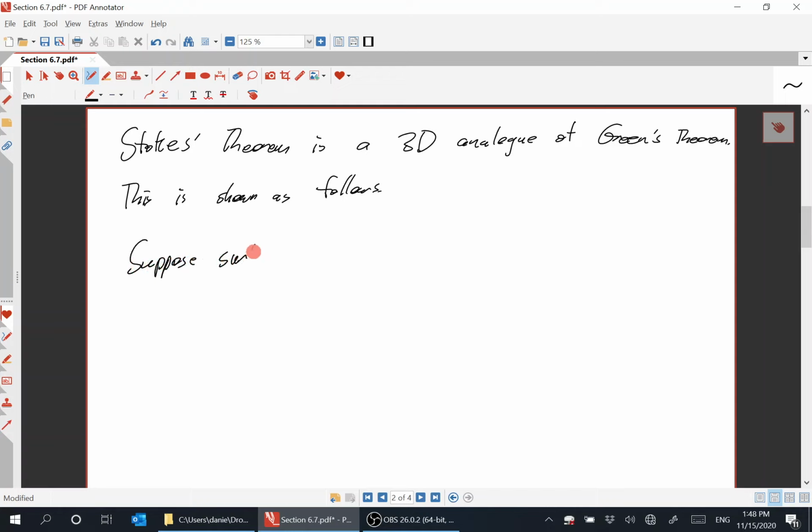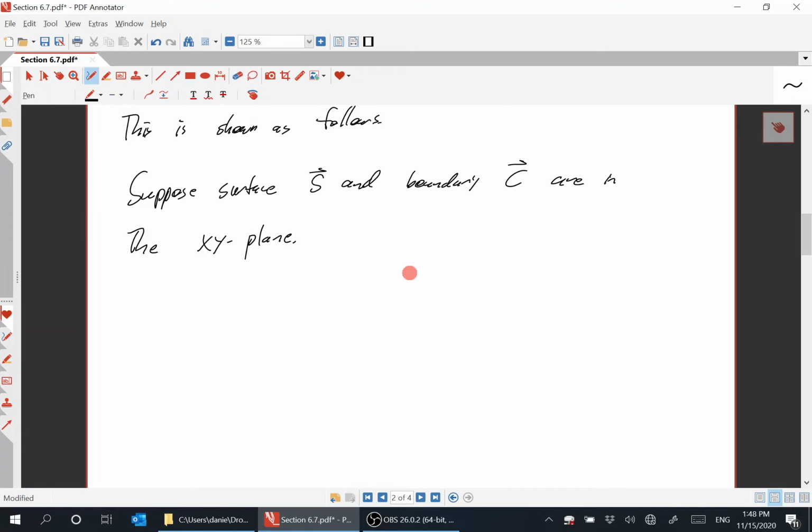So suppose that surface S and its boundary C are in the xy plane, with S oriented upward and C in the counterclockwise direction.